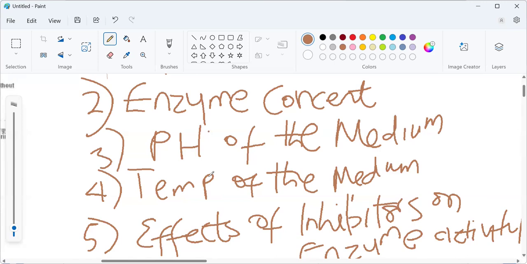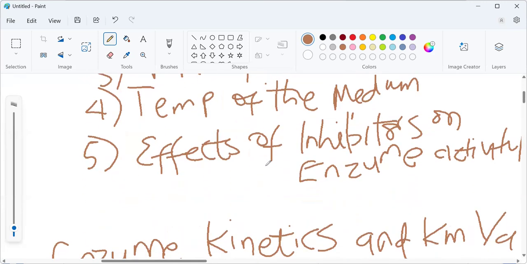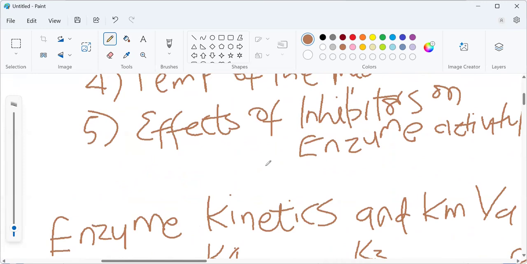And the effects of activators. Some enzymes require certain inorganic metallic cations like magnesium, manganese, zinc, calcium, copper, sodium, and potassium so that they can have optimum activity.